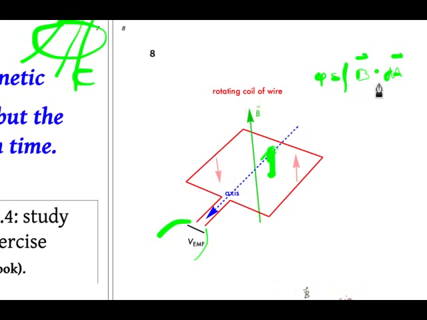I have to treat the B and dA as vectors. This is B, say the Z component of B, dA cosine theta, because the dot product of two vectors is the first vector magnitude times the second vector magnitude times the cosine of the angle between them.